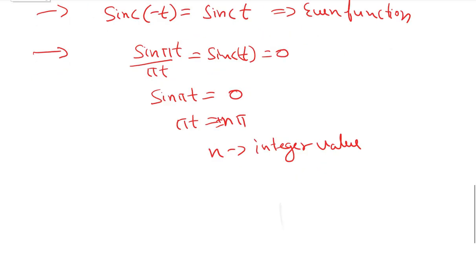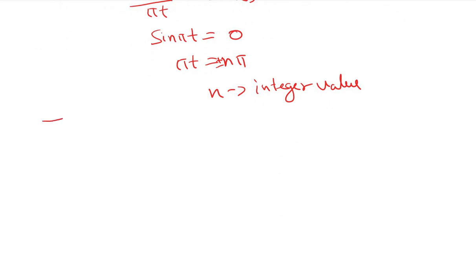It is really very important to look at the relationship between a sinc function and a sine function. How do we convert a sinc function to a sine function, or a sine function to a sinc function? Because it will be frequently used while dealing with some complex problems.